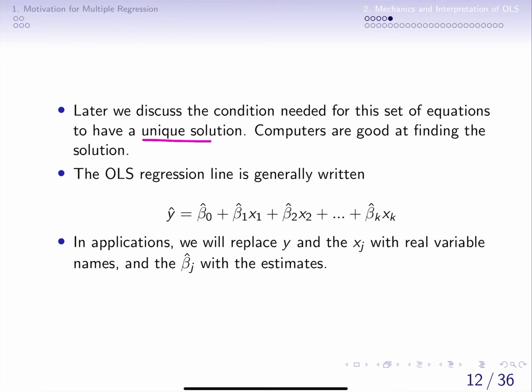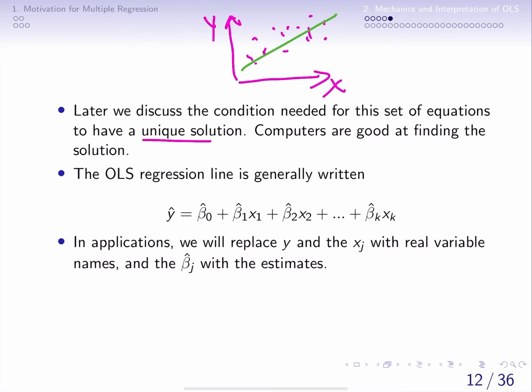Ultimately, what we want is, remember, if we have x and y, and we have all these points, and we have a bunch of other x's, we're trying to fit the best line through this.